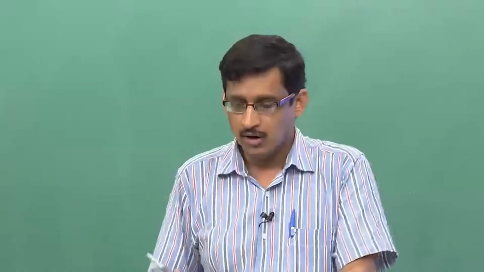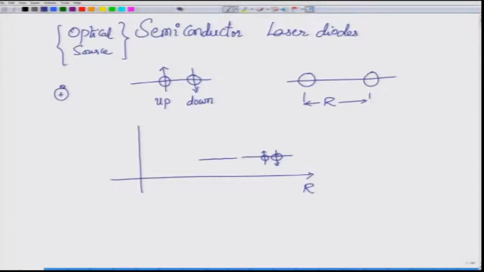However, as the interatomic distance starts to decrease, after a certain critical R0, you will see that the energy levels actually split. One energy level is called the anti-bonding energy level, and the other is called the bonding level.